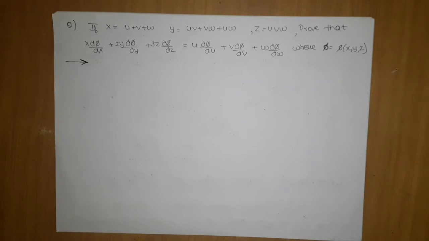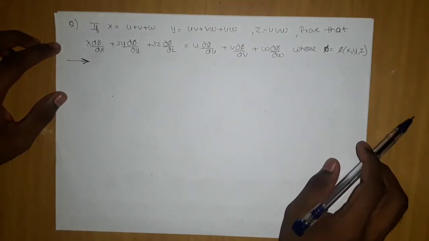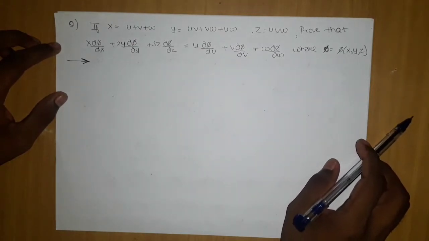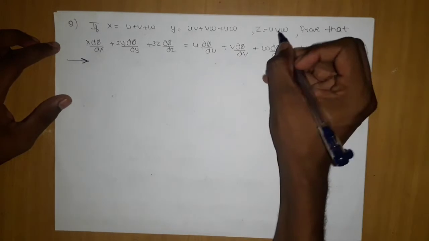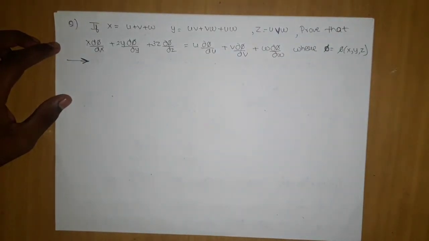So this question says: if x equals u plus v plus w, y equals uv plus vw plus uw, z equals uvw, prove that x ∂φ/∂x, 2y ∂φ/∂y, 3z ∂φ/∂z equals u ∂φ/∂u, v ∂φ/∂v, w ∂φ/∂w, where φ equals φ(x, y, z).